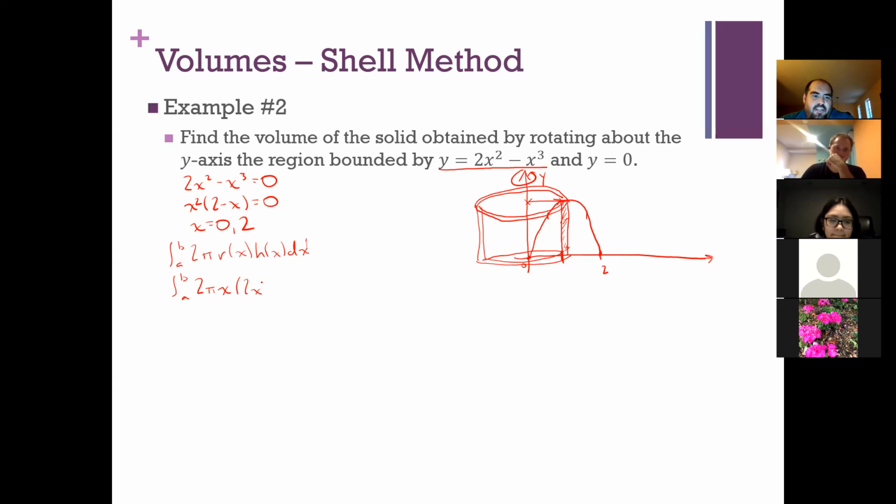I'm going to suggest we do not use substitution this time. I think it'll work, but actually, it might be a little tricky. I think if you just leave it in this form, you're just going to get something like a polynomial, especially after I pull out the 2 pi.